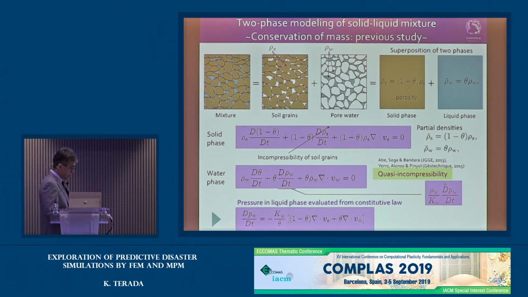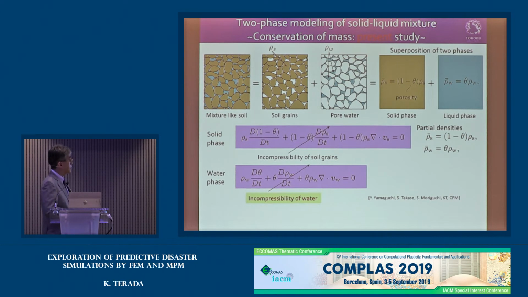But because of the large value of the bulk modulus of the liquid phase, we may have numerical instability. To avoid such instability, we simply assume that the water phase is also incompressible. This is the standard setting for computational fluid dynamics.